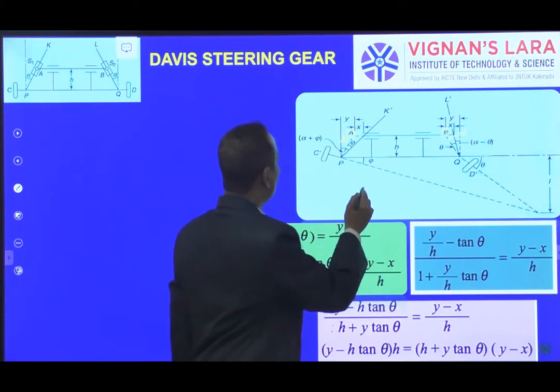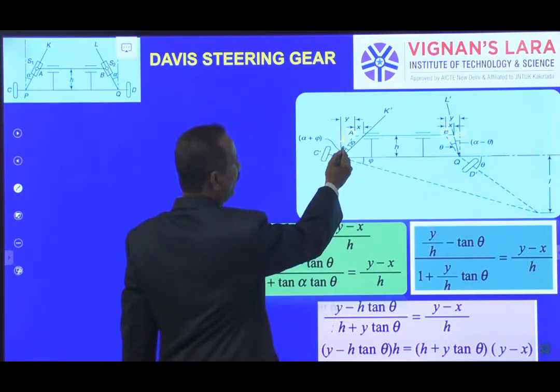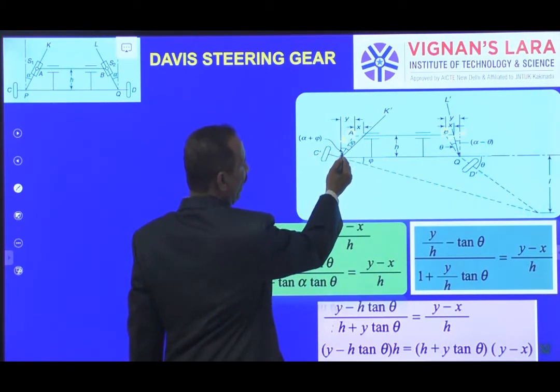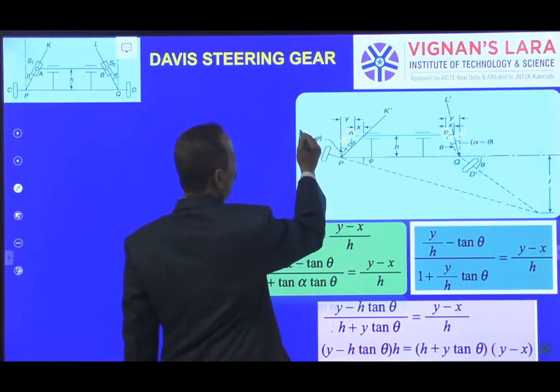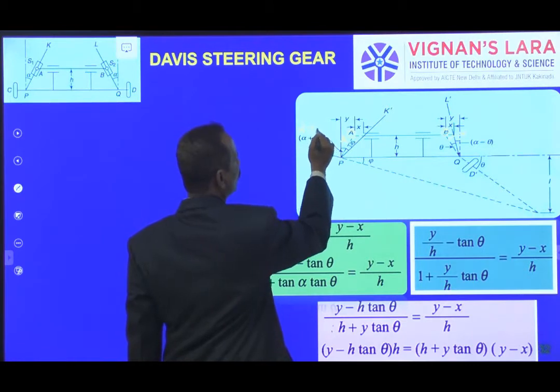So you can see this angle is alpha and this is phi. The new position of K dash will be at an angle of alpha plus phi.